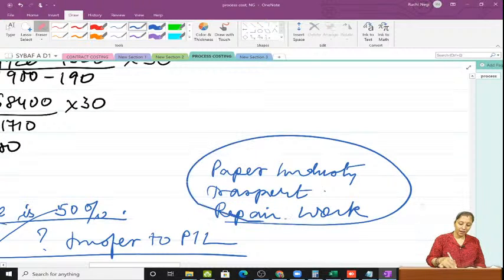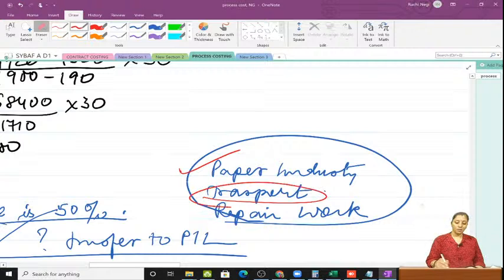Out of these 3 industries, where is process costing best suited? Obviously your correct answer is paper. For the transport industry, there is a separate cost calculation way called service costing.